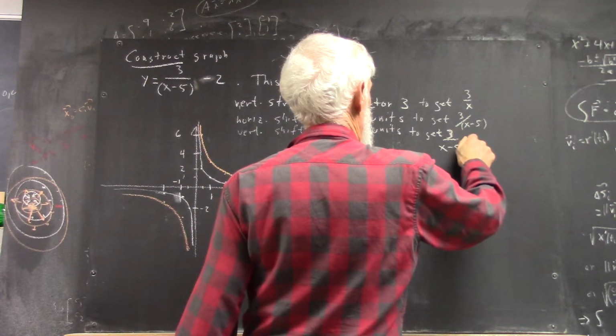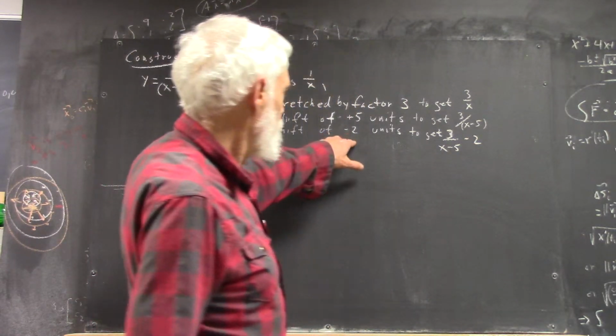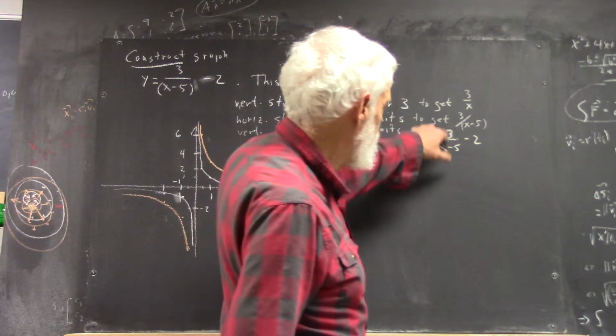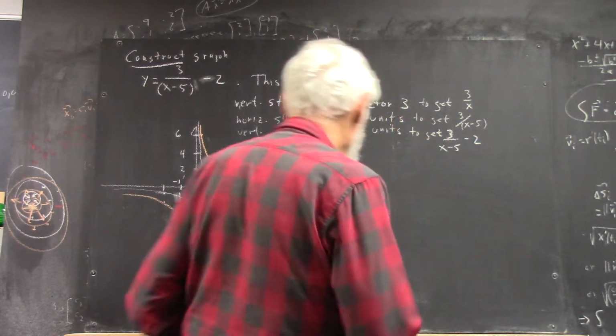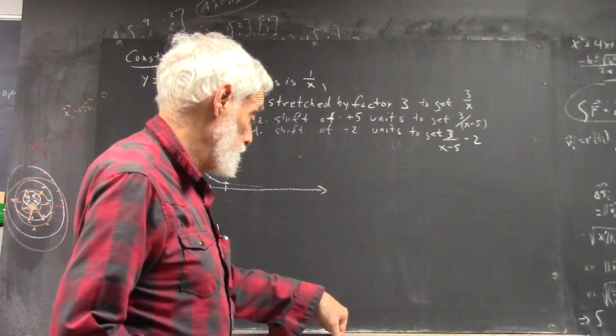And then when we do the vertical shift of -2 units, that's going to give us 3 over x minus 5, minus 2. You want to understand all of that completely.